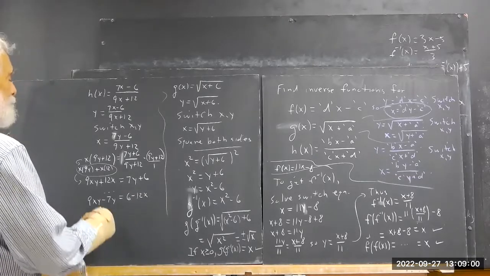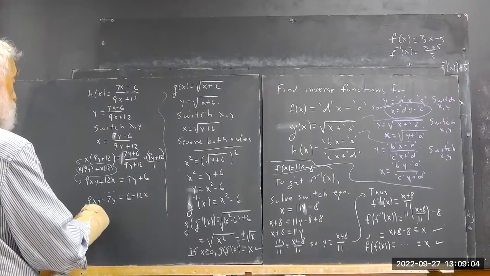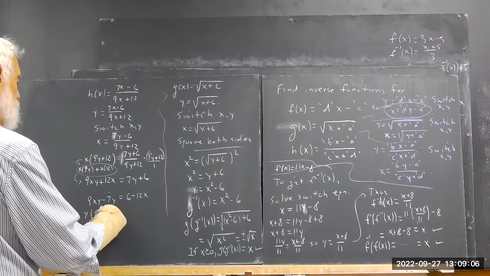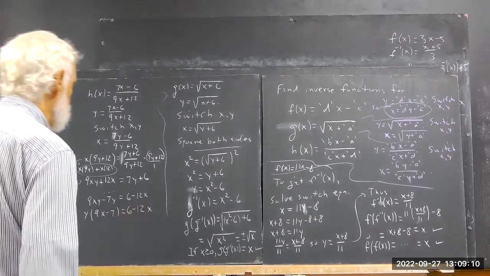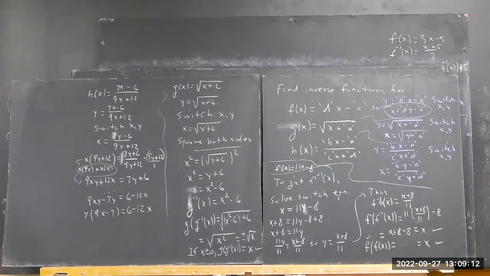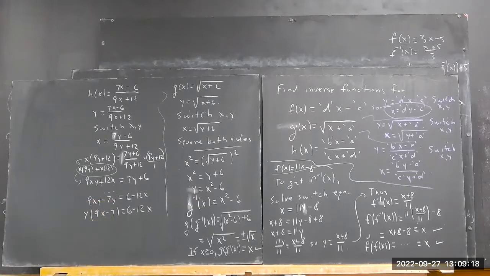Well, I can reverse the distributive law and I can write this as y times 9x minus 7 equals 6 minus 12x. Okay, I just reversed the distributive law. I've got a y here and a y here, so I could write this as y times all this. Another way of saying that is I factor out the y. But when you factor out the y, you're just reversing the distributive law.